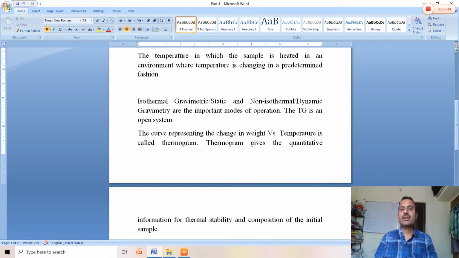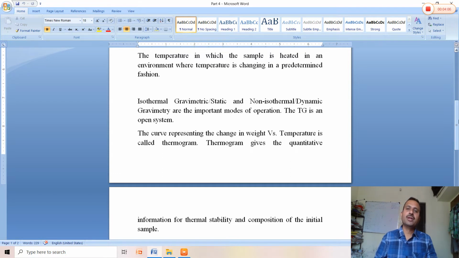The curve, or we can say the graph, in which the y-axis shows the change in weight and the x-axis shows the temperature, is plotted. That is nothing but a thermogram. So a thermogram is a graph of change in weight with temperature. A thermogram gives quantitative information about the thermal stability and composition of the initial sample.